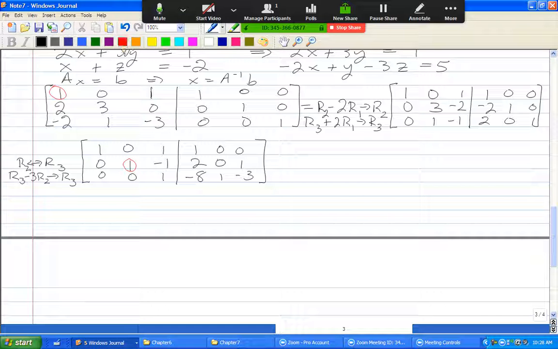Okay, and lastly, let's pivot on this last guy. Actually, I was sort of pivoting on that after I interchanged it, so maybe I'll use that notation. Okay, so now I have the last row, 0, 0, 1, negative 8, 1, negative 3.